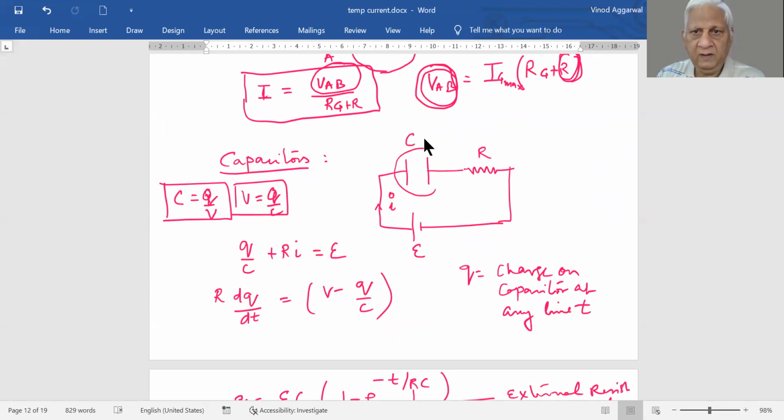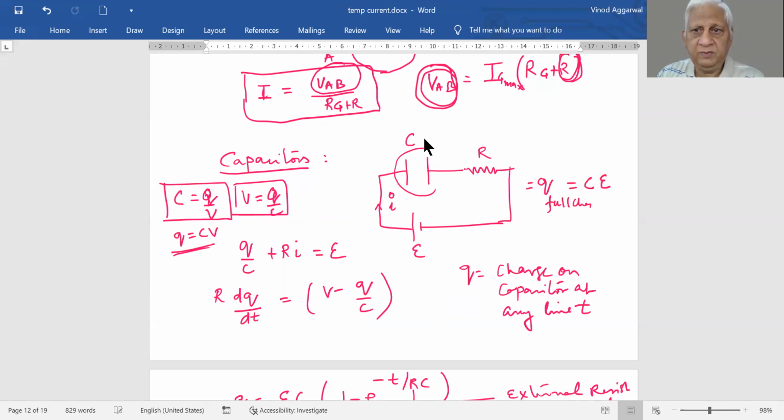So if we use this formula, Q is equal to CV, if we say full charge, this will be equal to what?